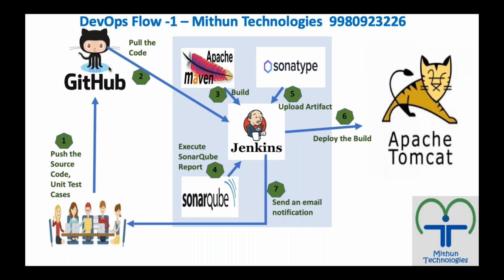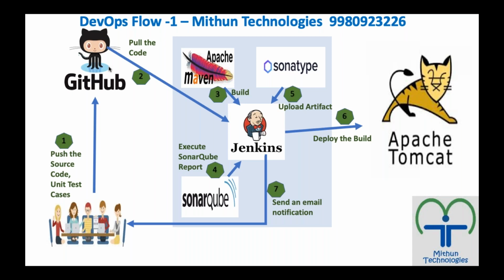He tried to configure the GitHub webhook, but unfortunately he didn't have access to the GitHub repository. Access means admin access.